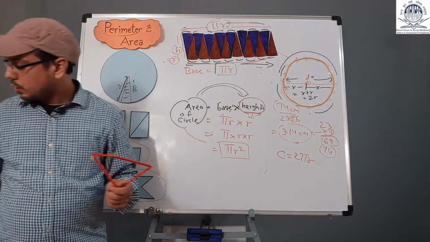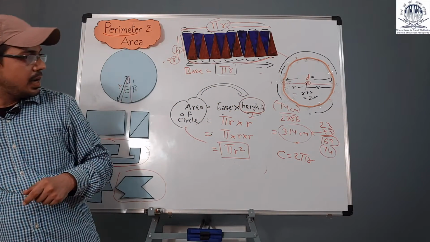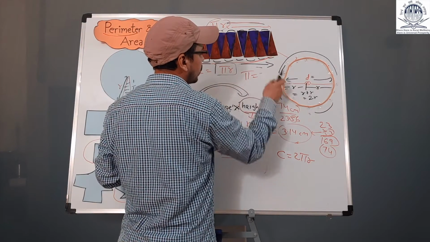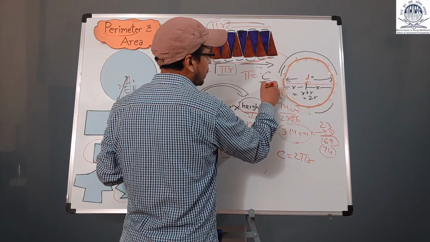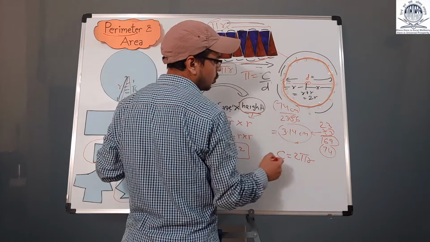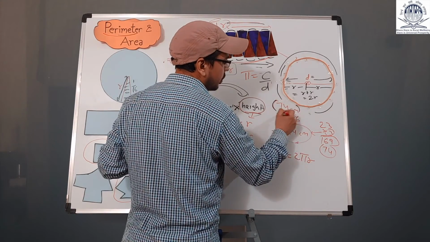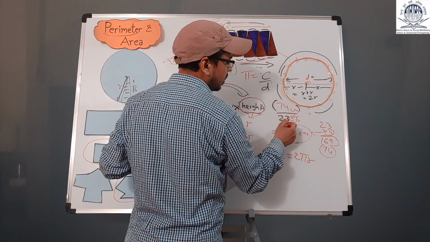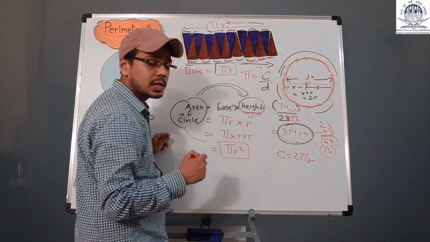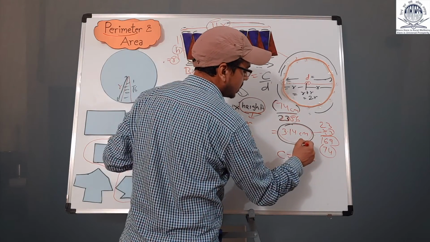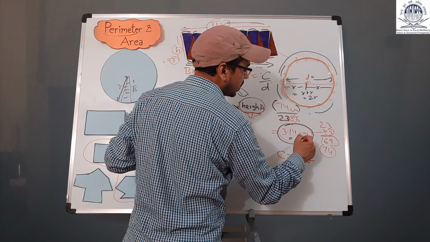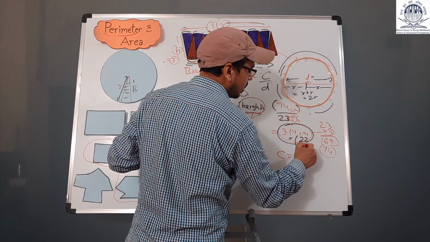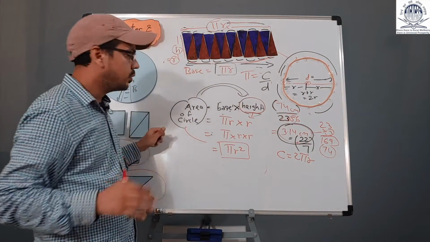And when we wanted to derive pi, what we did was pi is equal to circumference divided by diameter. The circumference we knew was 74, and when you divide this by the diameter, you actually get the final value as 3.14. Sometimes we also say that 3.14 is nothing but 22 by 7. Both mean the same, so don't get confused.